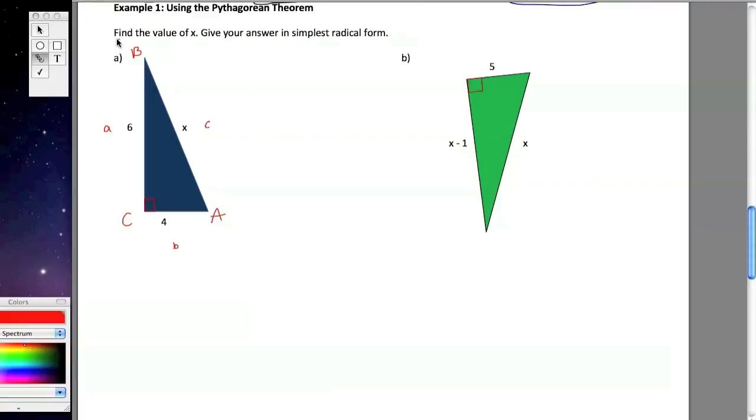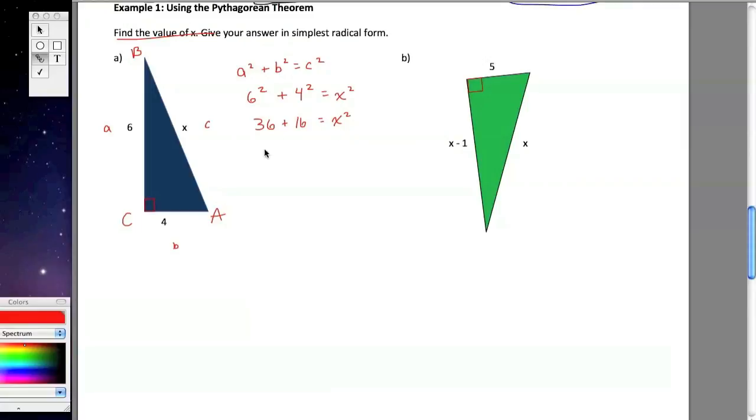So, find the value of x. A squared plus b squared is equal to c squared. So, a is 6, so 6 squared plus 4 squared is equal to x squared. I'm going to simplify. 36 plus 16 is equal to x squared.